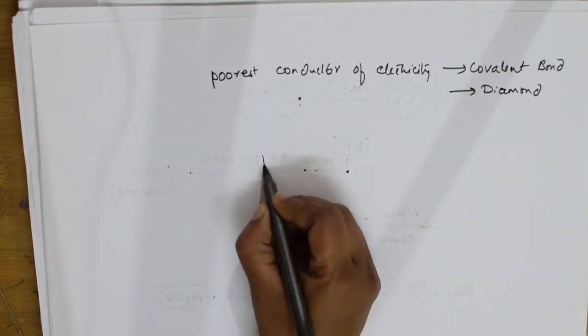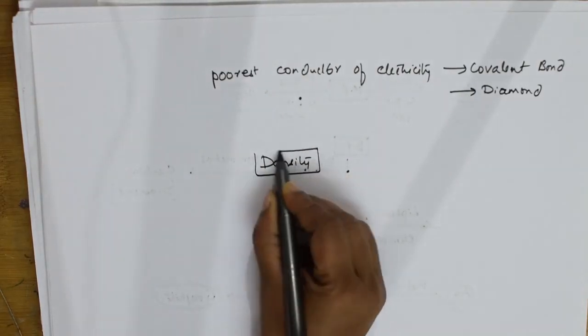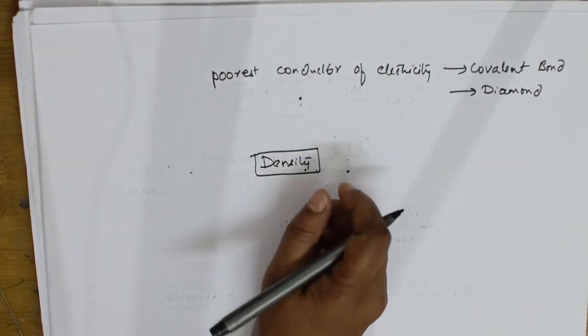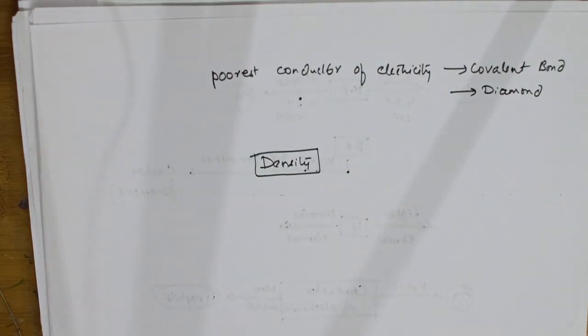Now I'll be writing in terms of density, one more concept of periodic elements. We study physical properties, chemical properties, the different characteristics of the periodic table.